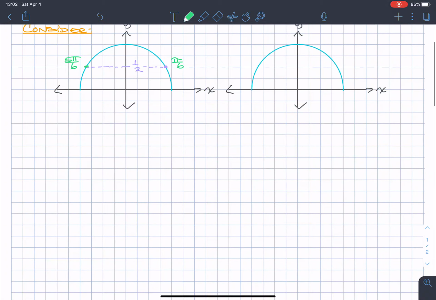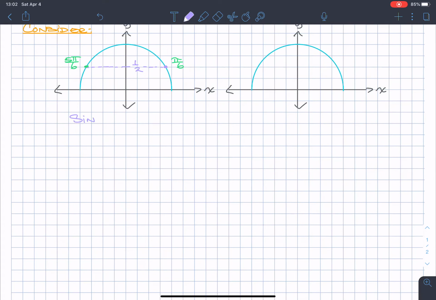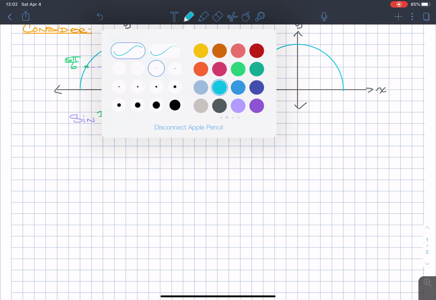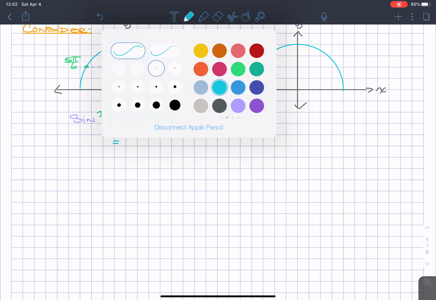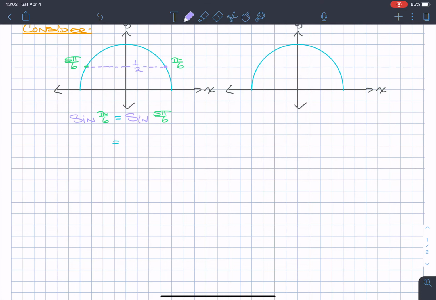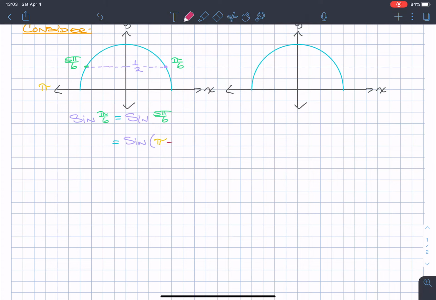So do you agree that sine of pi over 6 is going to be the same as sine of 5 pi over 6? But how can I rewrite 5 pi over 6 in terms of pi over 6? Well, I claim that it's going to be pi minus pi over 6.